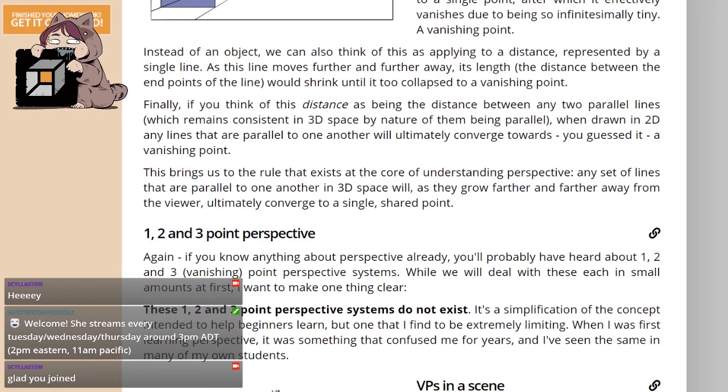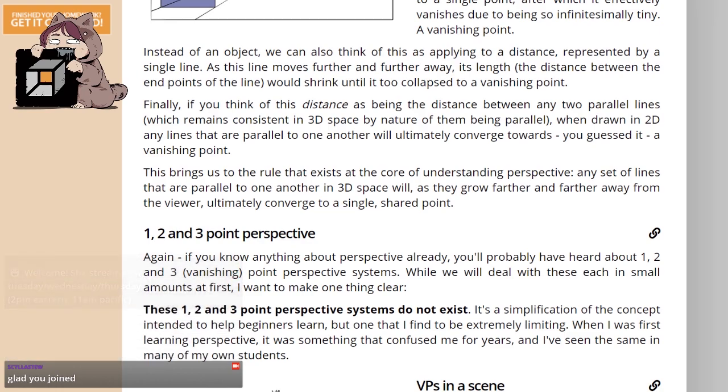Instead of an object, we can also think of this applying to a distance represented by a single line. As this line moves further and further away, its length, the distance between the end points of the line, would shrink until it too collapsed to a vanishing point.